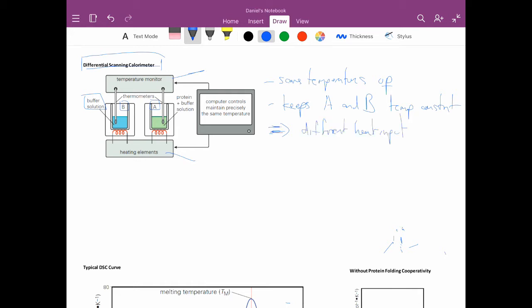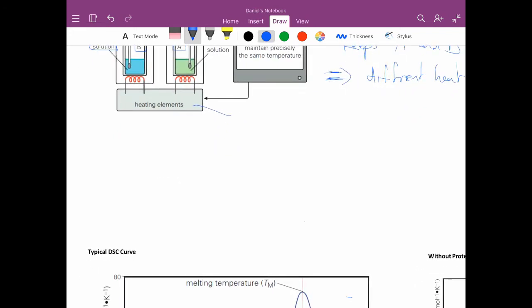And so what this instrument does is it actually measures two parameters for each solution. It measures the heat flow in, which is quantized by dq over a certain period of time, and then it monitors the temperature change, which, since both of them are being kept at the same temperature, is the same across both solutions.